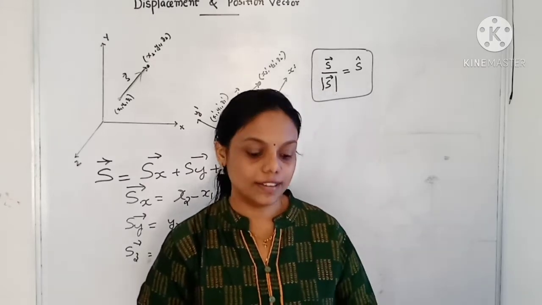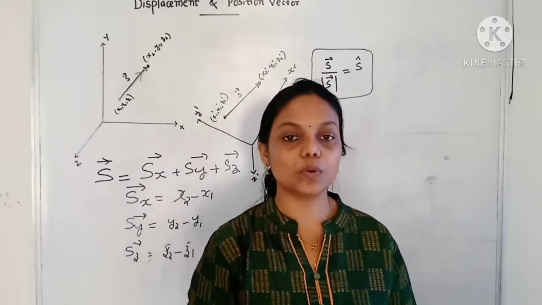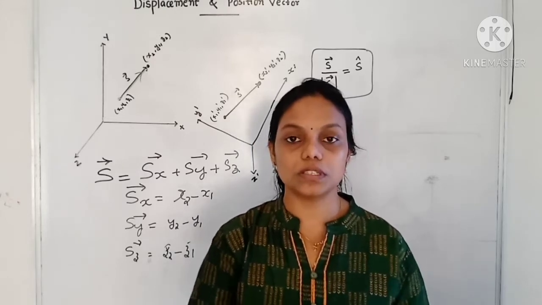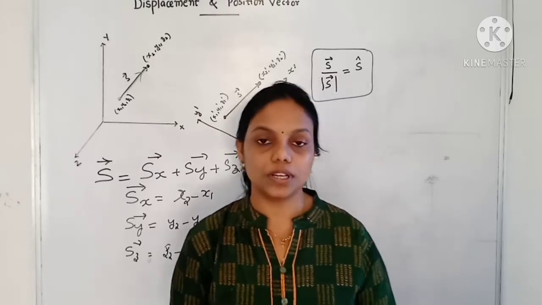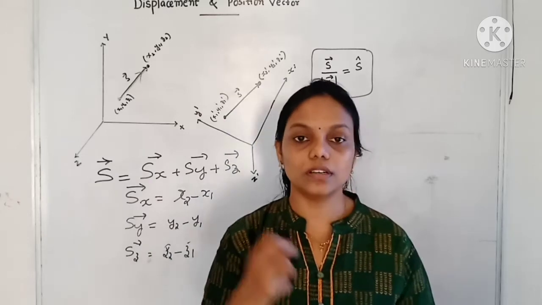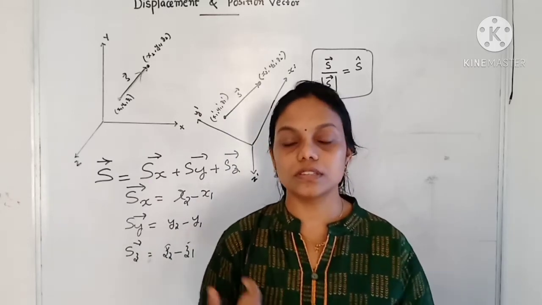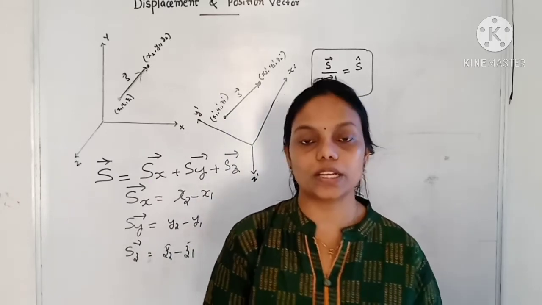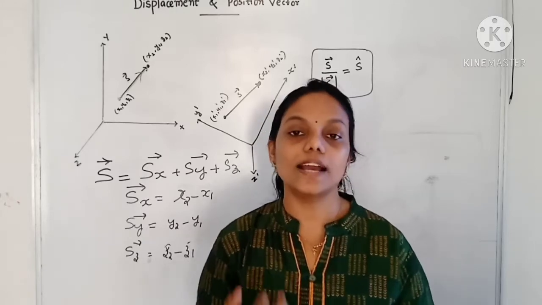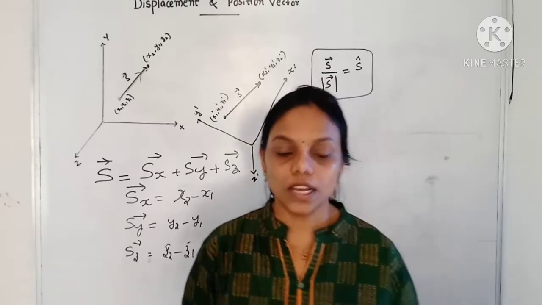The displacement vector usually has units of meters, kilometers, centimeters, like that. So one thing I have to repeat is that S is a true vector. It does not depend upon the coordinate.